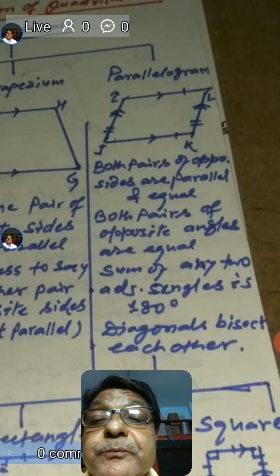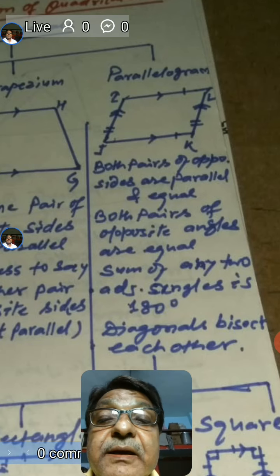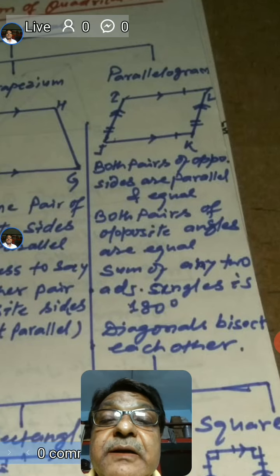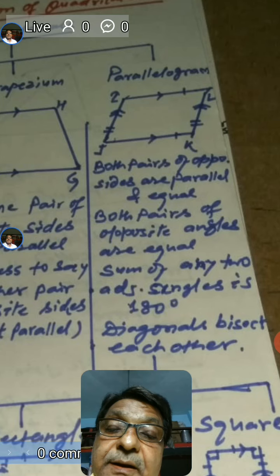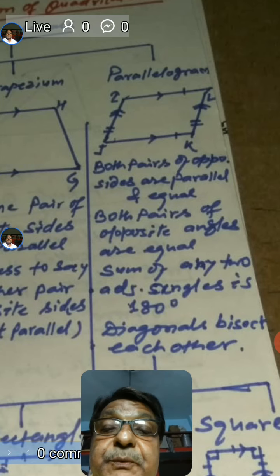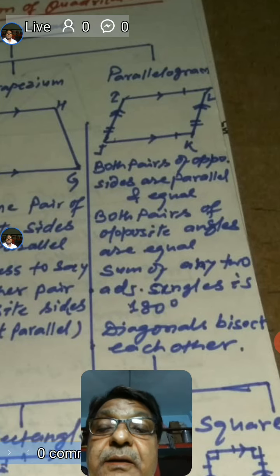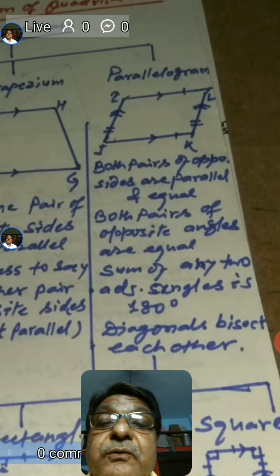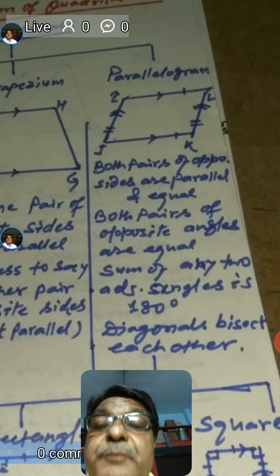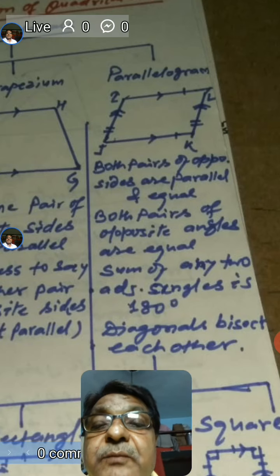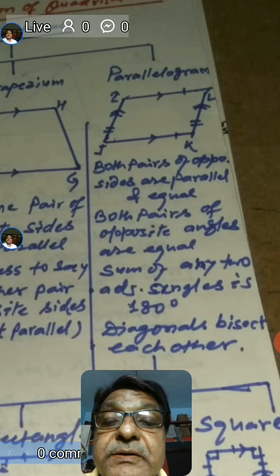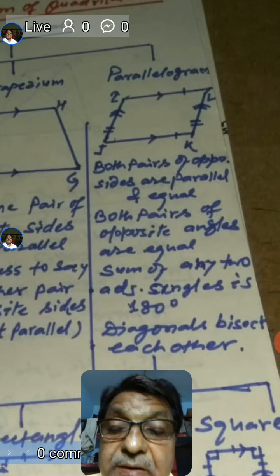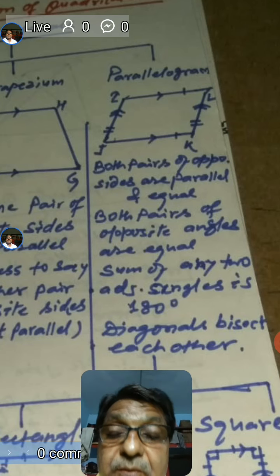That is, in case of IJKL, the opposite side IL is parallel to JK and another pair IJ is parallel to KL. So when both pairs of opposite sides are parallel, then such a quadrilateral is known as parallelogram.